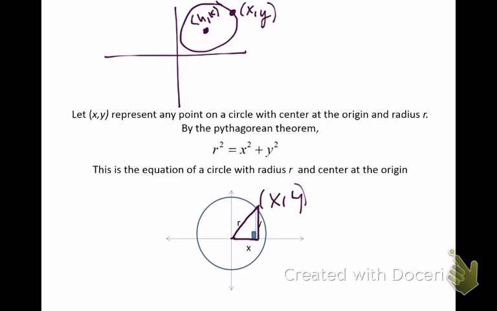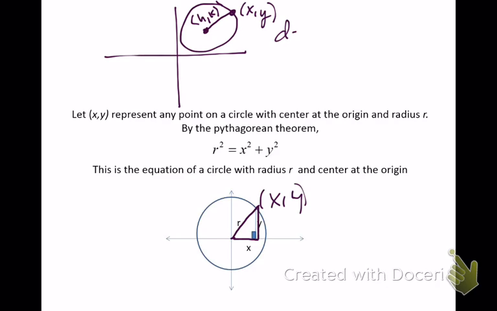Okay? Now, I have the center of this circle. I need the radius. The radius is defined as the distance from the center to a point on the circle. How do we find the distance from one point to another in the coordinate plane? That would be the distance formula.